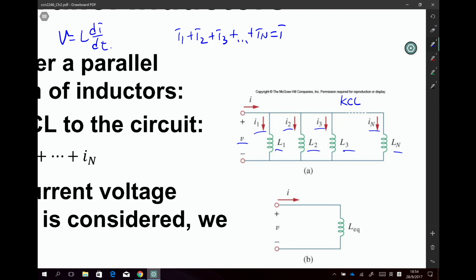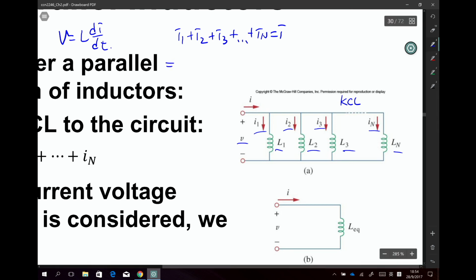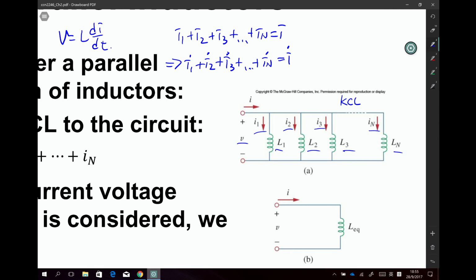You take the derivative on both sides of the KCL equation, so this gives you I1 dot plus I2 dot plus I3 dot plus ... up to In dot equal to I dot. Actually, you don't do any real differentiation here. You just add a dot at the top of the current.